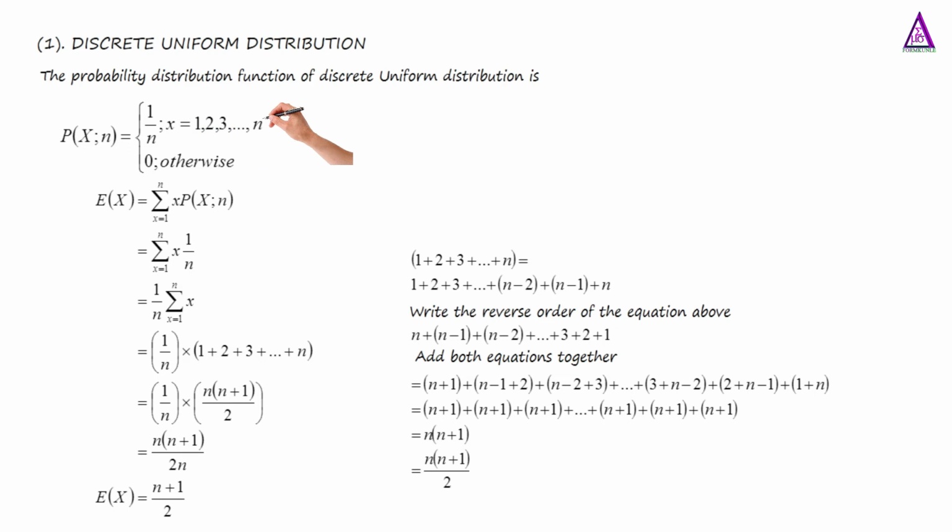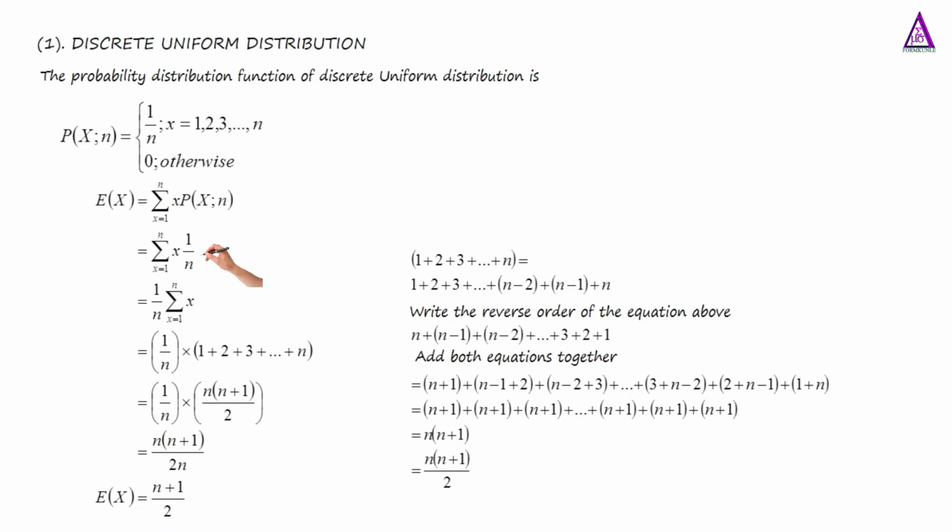Expected value of discrete uniform distribution. Expected value of x equals the summation of x ranging from 1 to n of x times the probability distribution function of discrete uniform distribution, which is this.